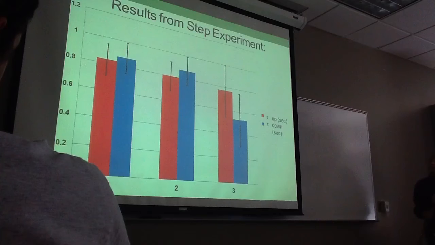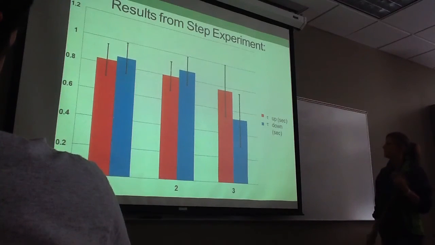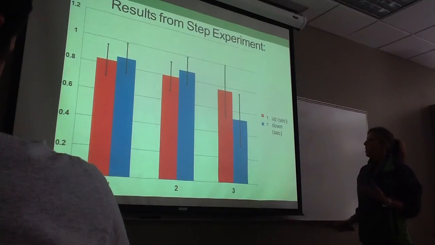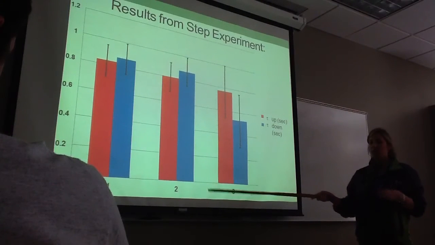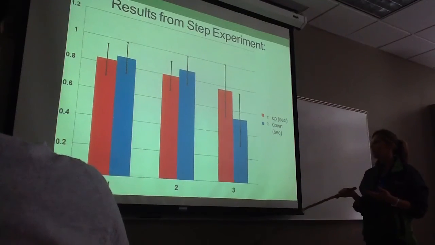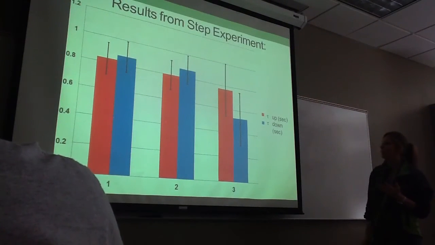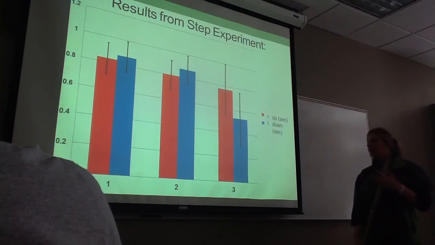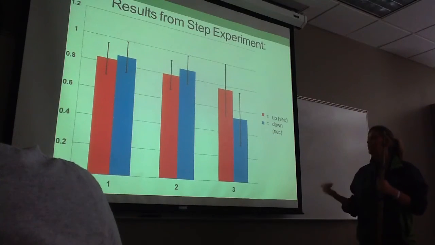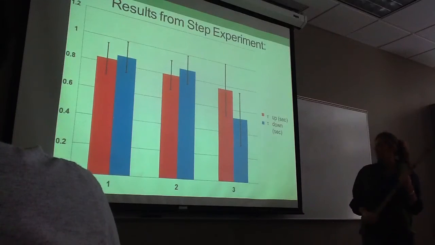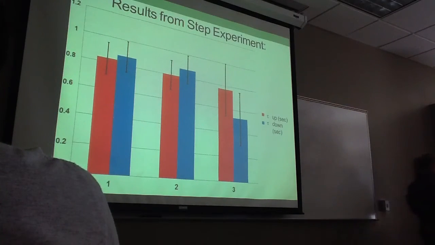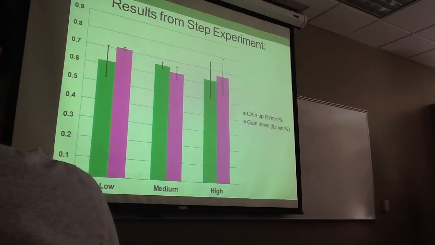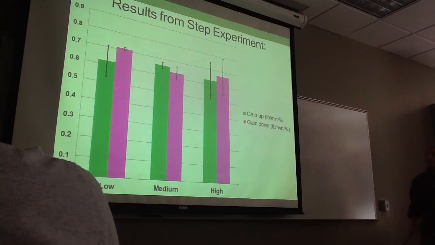So these are results from our step experiments. This is for tau. And 1 is the lower region, 2 is the middle region, and 3 is the higher region. For most of our experiments, the up and down steps were similar, except for in the higher region. This is the results from our step experiment for our gain.